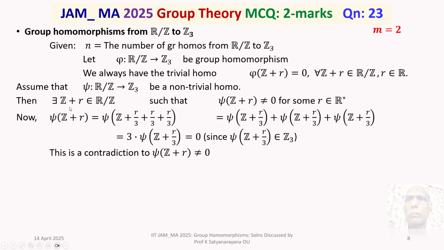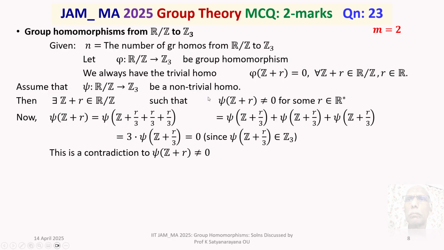But by assumption there exists an element Z plus R belonging to R by Z such that psi of Z plus R is not equal to 0. But now we are getting psi of Z plus R is equal to 0. This contradicts that it is not equal to 0. This contradiction tells you that your assumption is not true.